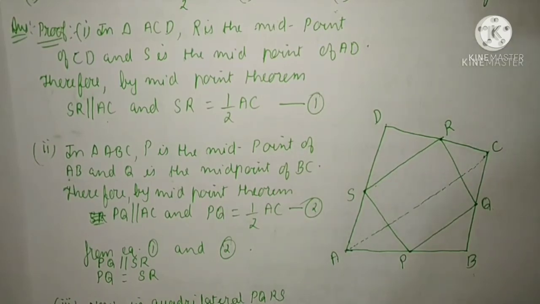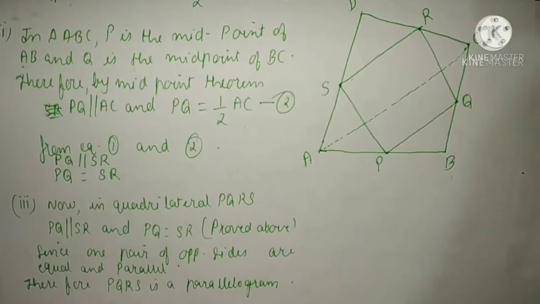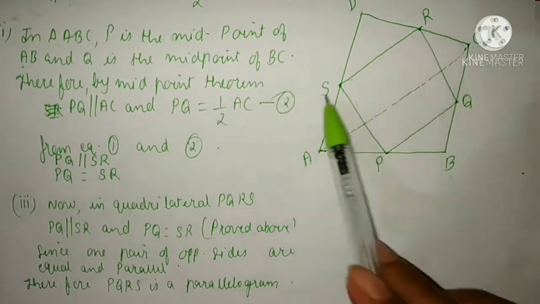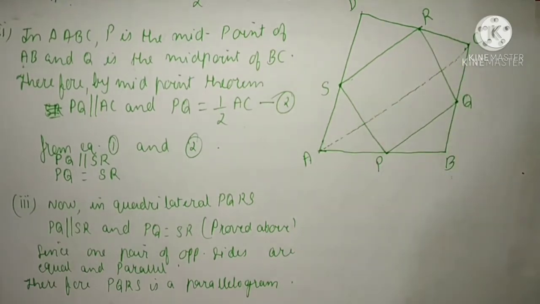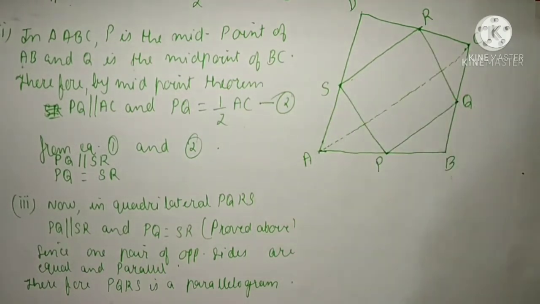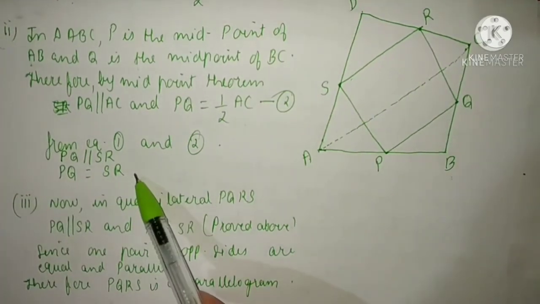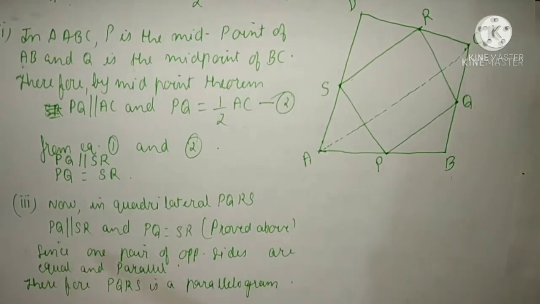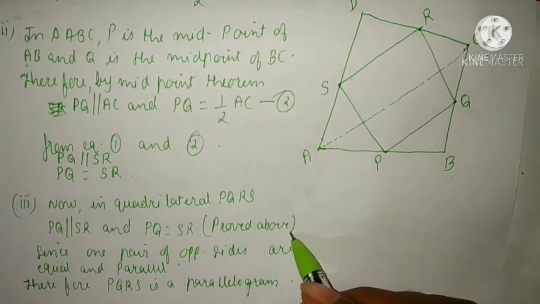Okay, now see the third part. In third part we have to prove that PQRS is a parallelogram. Now in quadrilateral PQRS, it is given that, we have proved it above that PQ is parallel to SR and PQ is equal to SR. Here we have proved it in our second part that PQ is parallel to SR and PQ is equals to SR. So here we will write proved above.